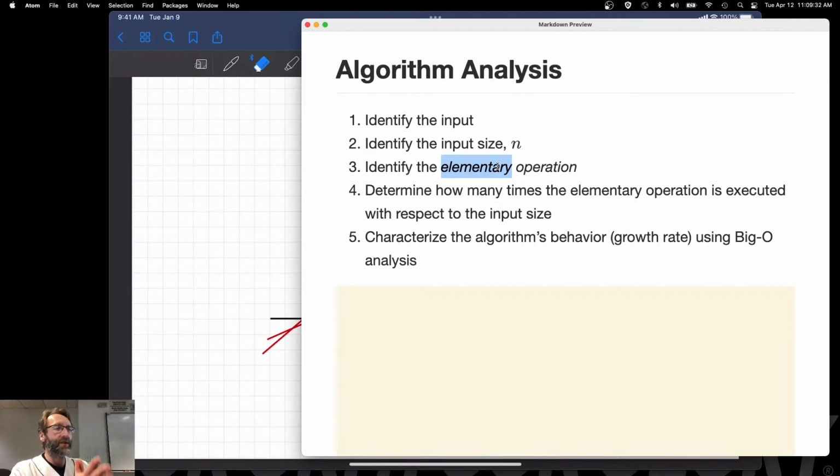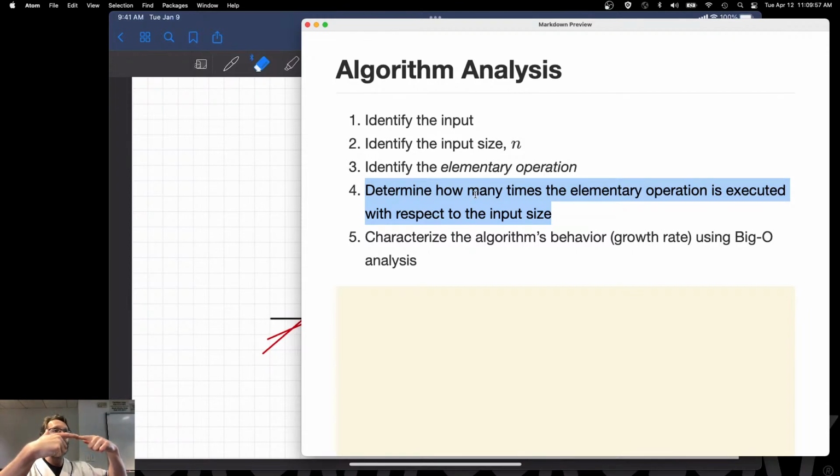If you analyze it with respect to one operation, you will get one outcome. If you analyze it with respect to a different operation, you might get a different analysis, right? Neither one of them is wrong, necessarily. 4, you determine how many times the elementary operation is executed with respect to the input size. And that's where the actual analysis comes in.